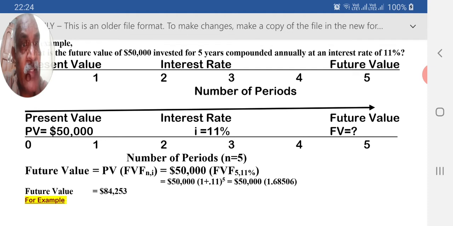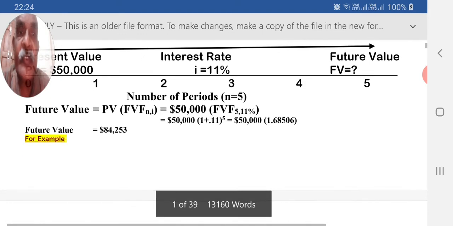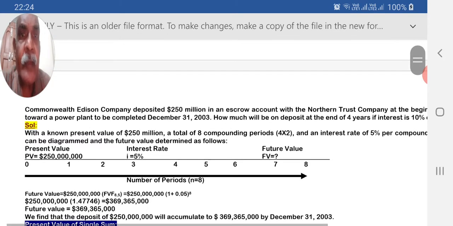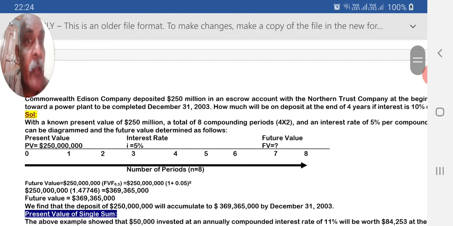Present value is 50,000 with an 11% interest rate, so 1.11 to the power 5, which gives 1.68506. The total amount will be 84,253. It means if you invest 50,000 rupees for 5 years, after 5 years you will get 84,253 rupees. This is your future value. Clear? Now the reverse: present value. How do you calculate it?